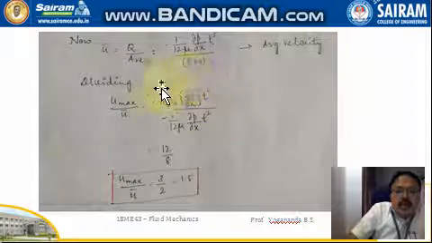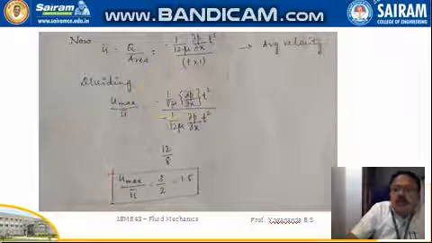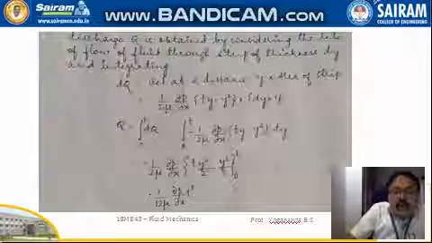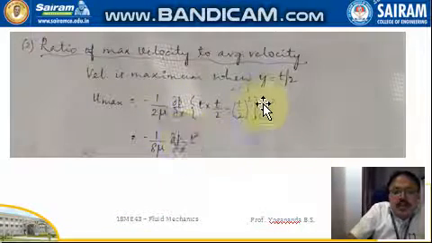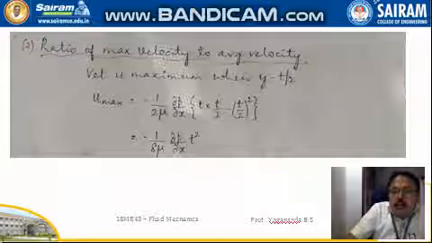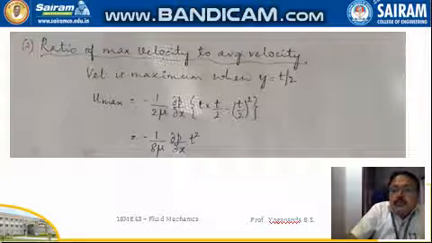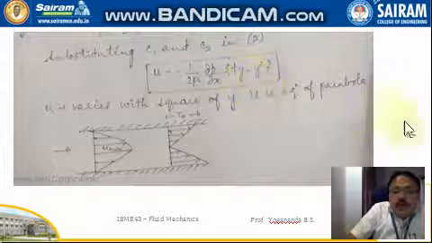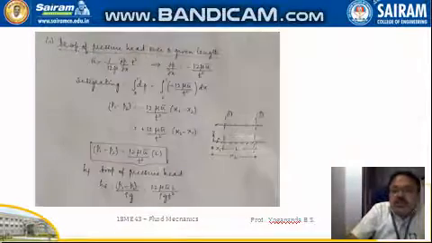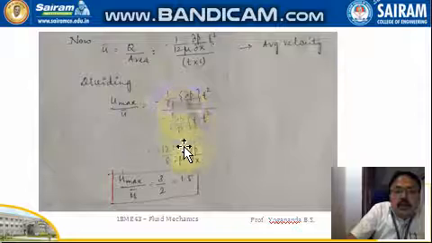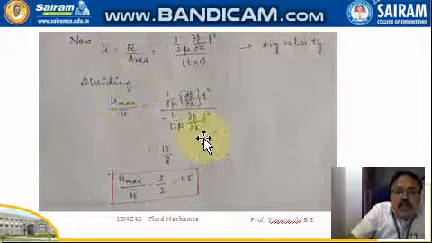So dividing the maximum velocity by the average velocity, we take the maximum velocity equation that we got earlier, and substitute the average velocity.